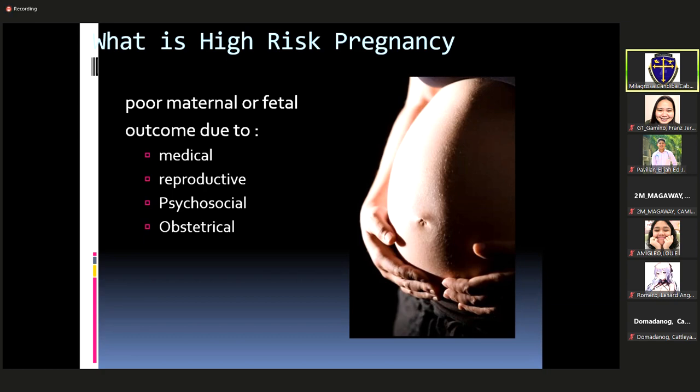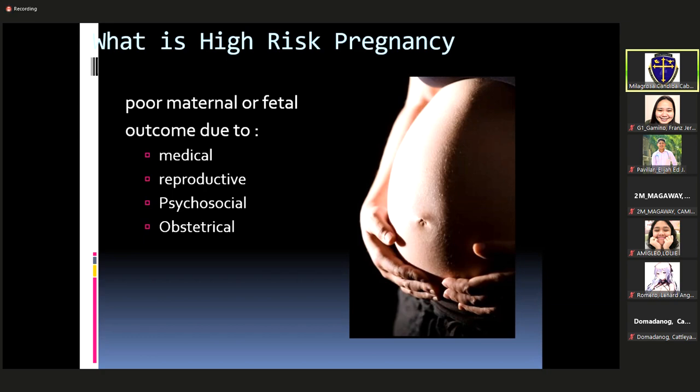Mostly, if the mother is pregnant, no, and she has high blood pressure, and if the obstetrician would give her medicine to control hypertension, then magkakaroon ng fair or good outcome yung pregnancy ni mama. But if it is left untreated, this would result to poor maternal or fetal outcome. This might cause the death of the mother or death of the baby.